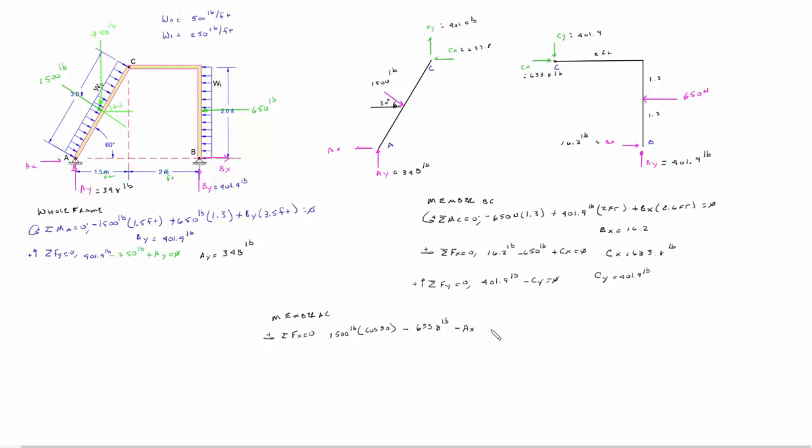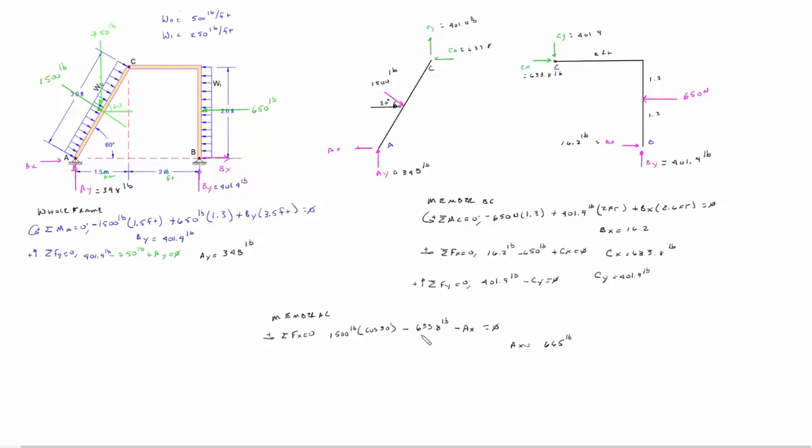I have AX going to the left. So AX then comes out to be, let me check myself again real quick, 1,500 cosine 30 minus 633.8, that's 665 pounds.